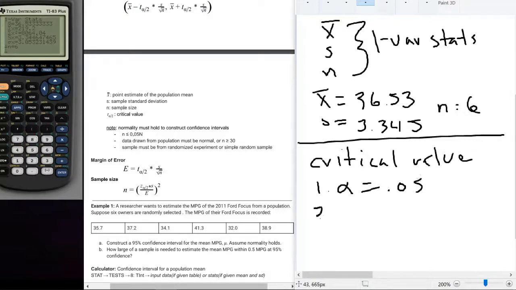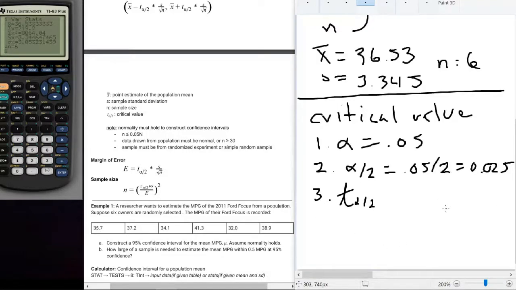But just like before, we're not just looking for alpha, we're looking for alpha divided by 2. So that's 0.05 divided by 2, 0.025. But again, we're not just looking for the alpha over 2, we're looking for the critical value, T alpha over 2, and there's two ways to do it.